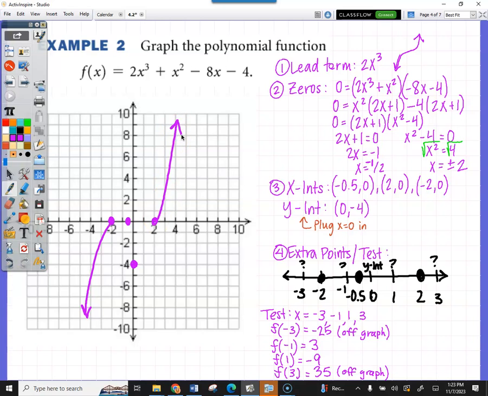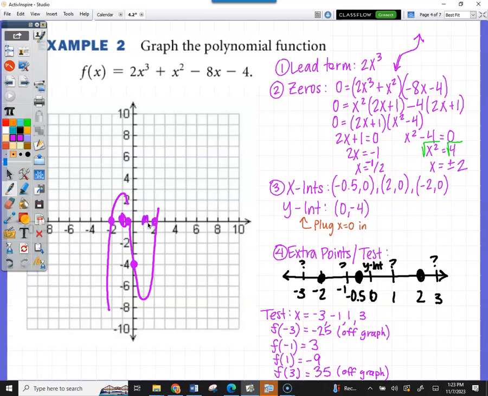And then right here, technically we don't really know, does this go like that? Or does it go like this? We don't know that. This is just to get a sketch. If you wanted to know how high or how low this goes, you would have to pick x values right there in that area, like -1 or 1.